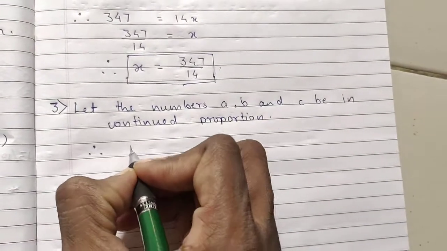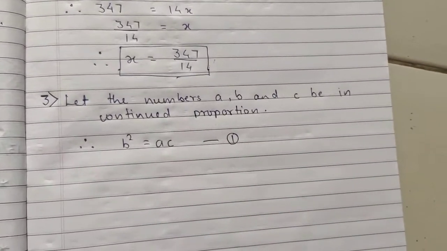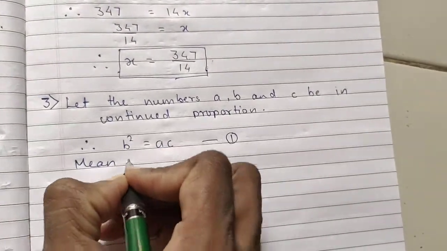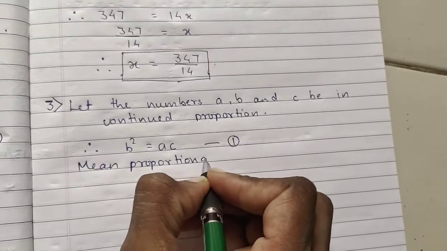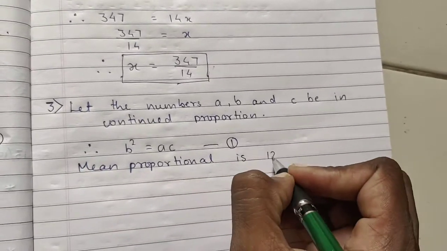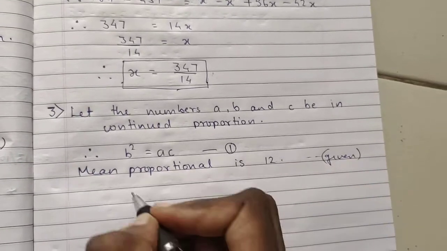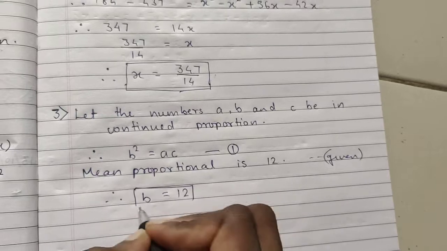Therefore, B square equals AC. That we know, right? But what is given to us? Mean proportional term is 12. This is given to us. Therefore, clearly we can say that our B is 12.